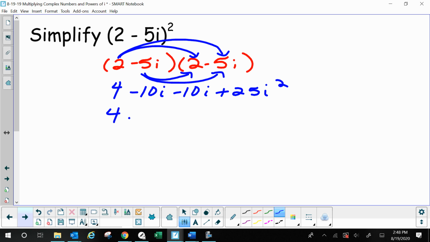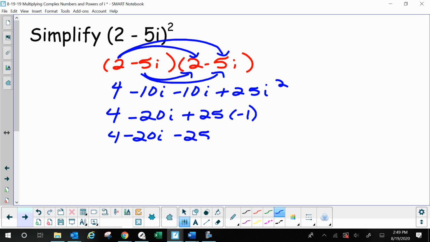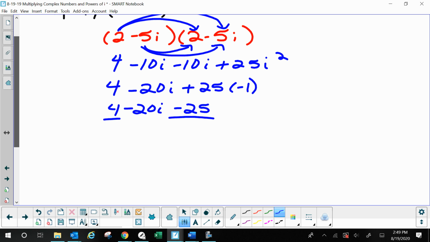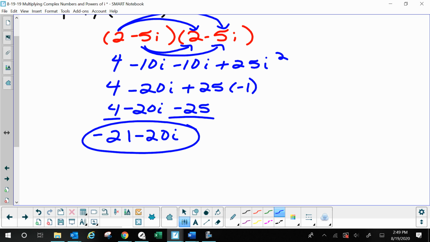That's going to give you negative 20i, and then 25i squared. Replace the i squared with negative 1, and that's going to be minus 25. We can combine the 4 and the negative 25. What is 4 minus 25? Negative 21. So you should get negative 21 minus 20i.